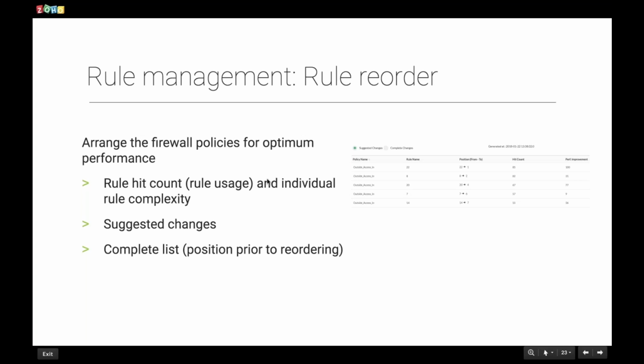Every time the firewall processor has to go through all the other 499 rules to get to this rule. This takes a hit on the firewall processing speed. Firewall Analyzer provides a rule reorder report which helps you solve this problem. Let us look at how this report looks in the product UI.